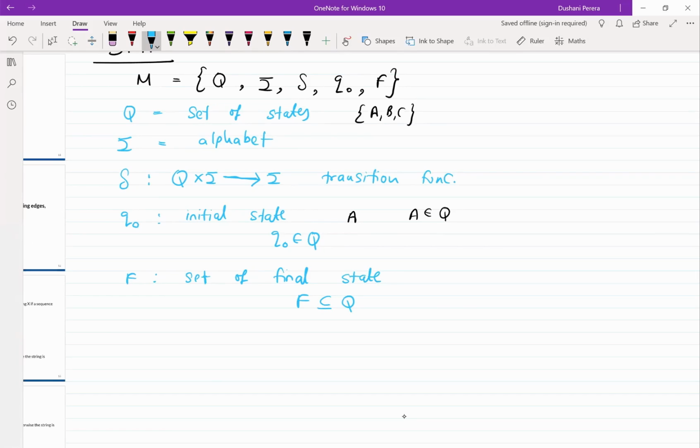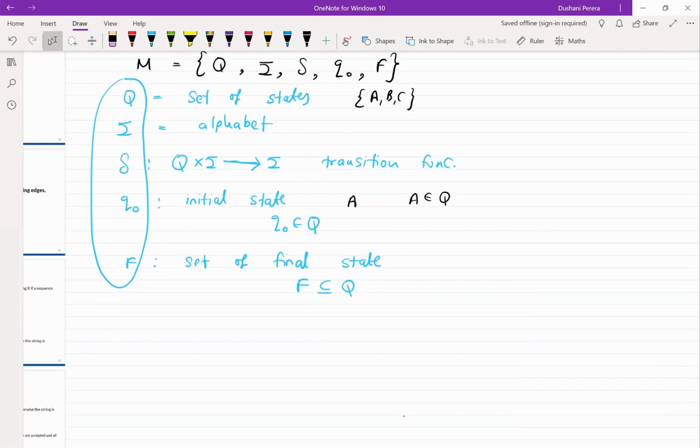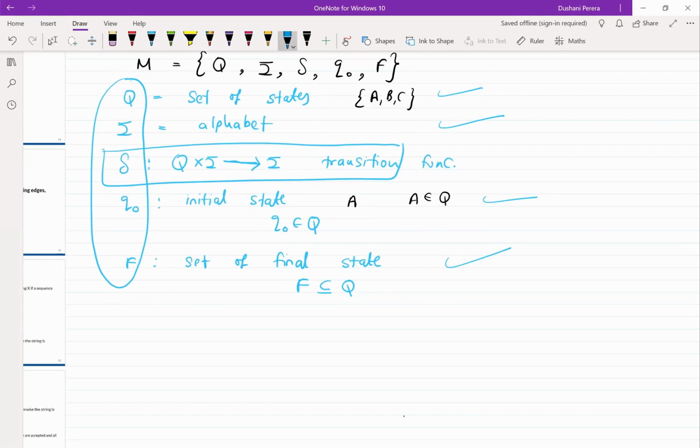Wherever we draw a DFA, wherever we come up with a DFA, we have to define these on that particular finite representation or finite automata. Now we know what Q, sigma, Q naught and F are. Let's see what this delta is.